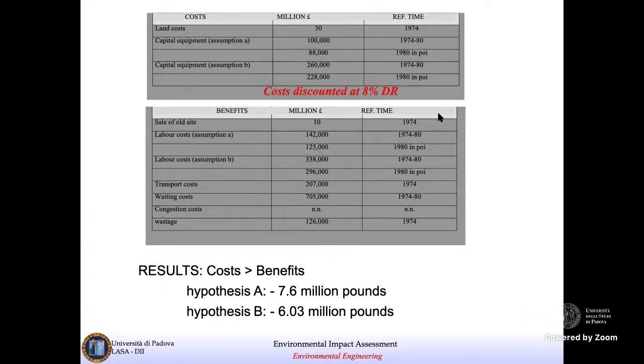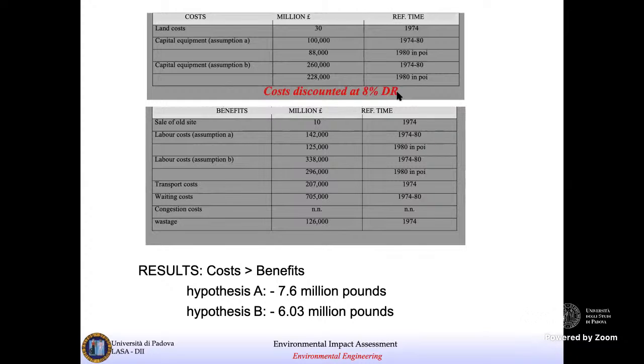And they evaluated as a reference time 1974, or the interval 1974-80, or from 1980 on and so on. The discount rate assumed for this calculation was 8%. 8% is the yearly discount rate, the institutional discount rate.